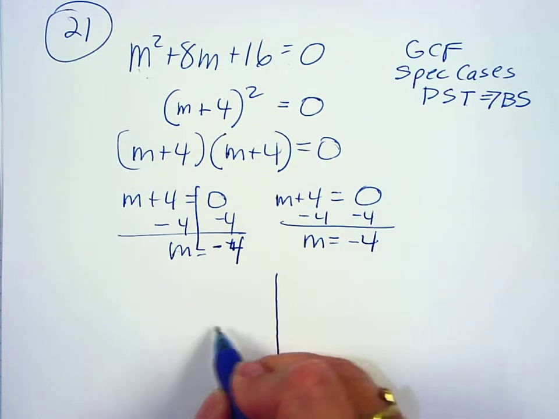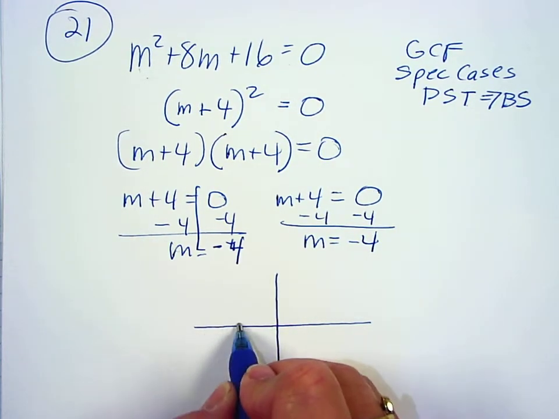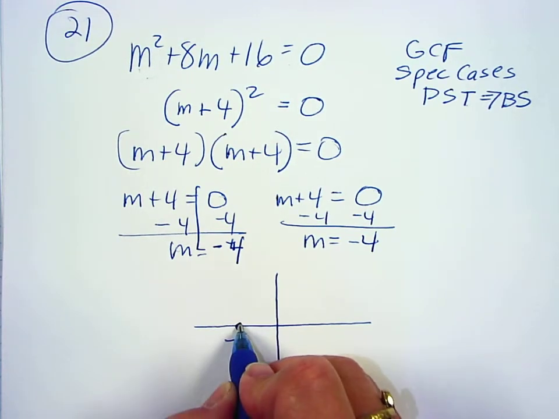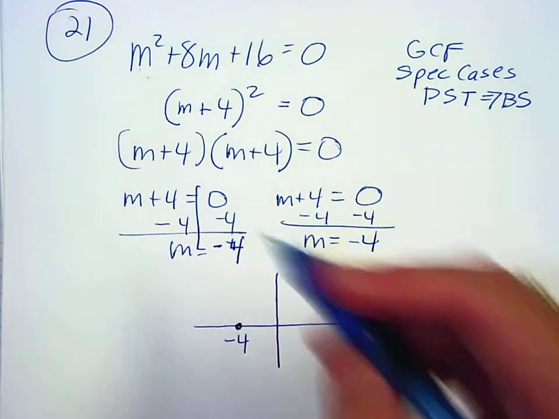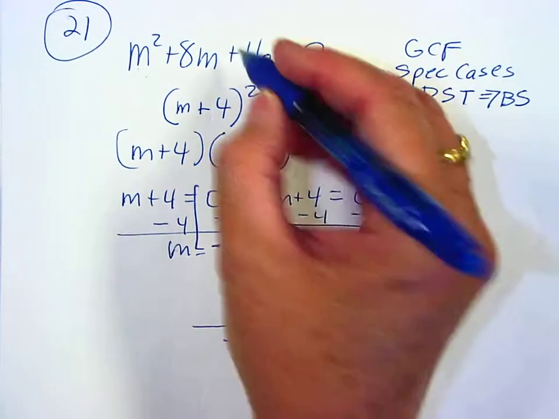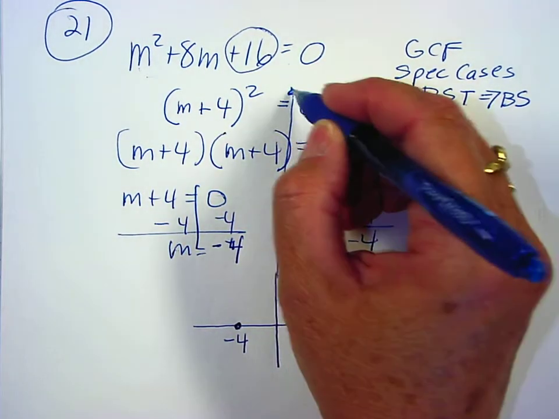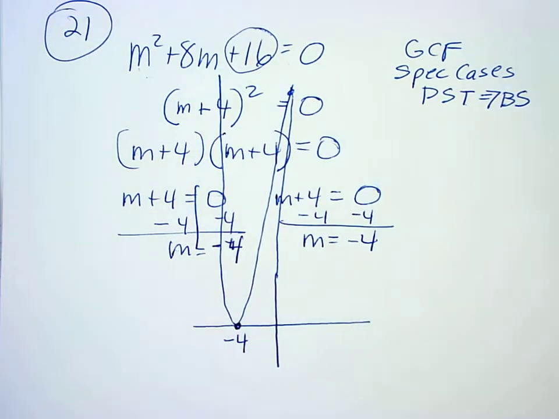So if I were to graph this, its x-intercept would be -4. And since it only has one, that would be the vertex, and this parabola would open up from this point. It would have a y-intercept of +16, which would be way up here. So this is going to be like this big old skinny guy that comes up like this.